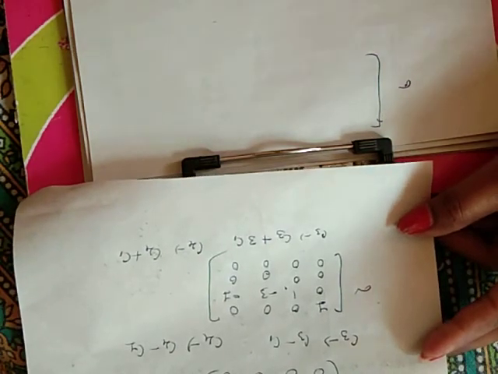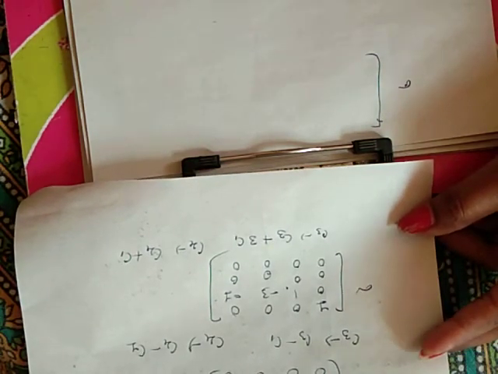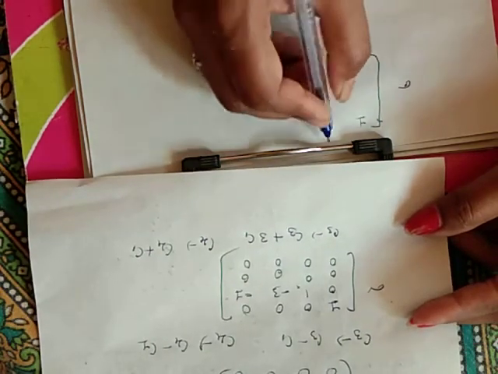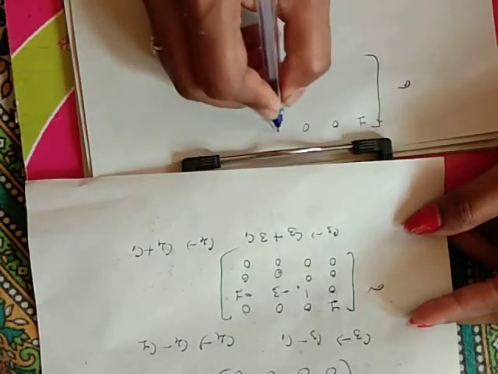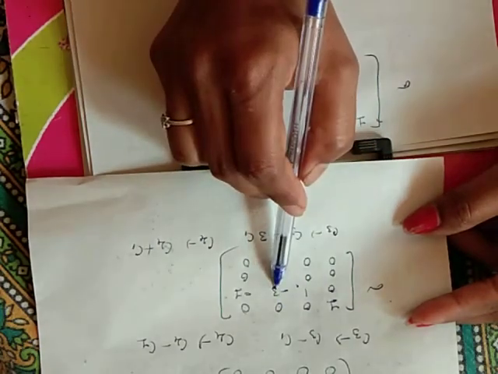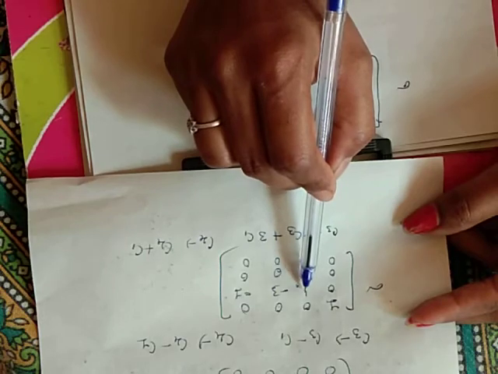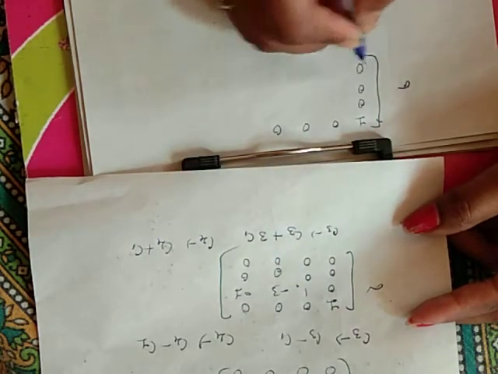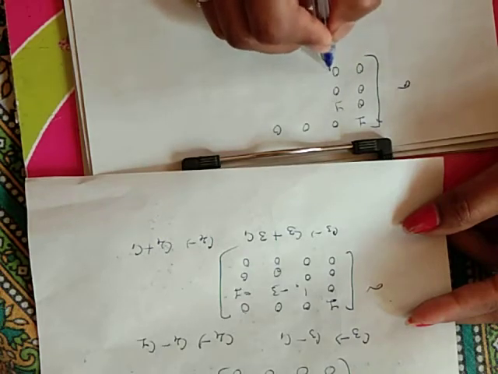Now the matrix is equal to 1 0 0, 0 minus 1 0, minus 3 into 3... 3 into 1 is 3, minus 3 plus 3 is 0. First keep the first row, sorry, first column and second column elements as they are.